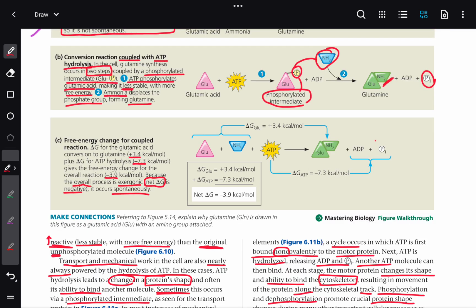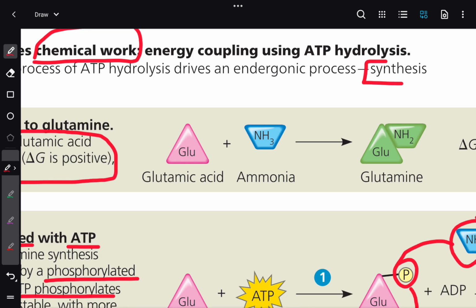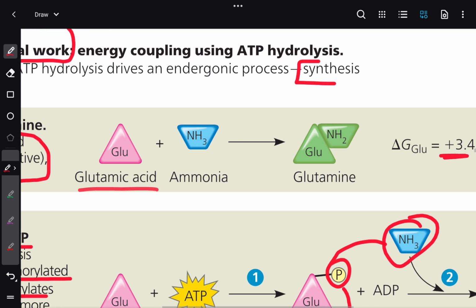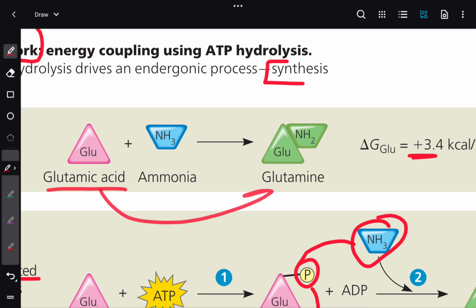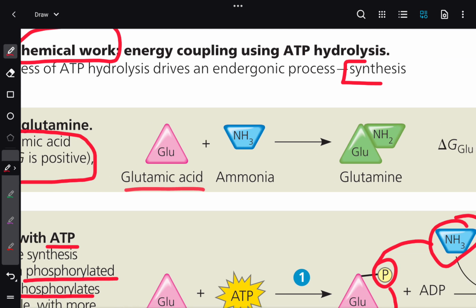So in this case we look at here glutamic acid. For glutamic acid to become glutamine, it needs energy.